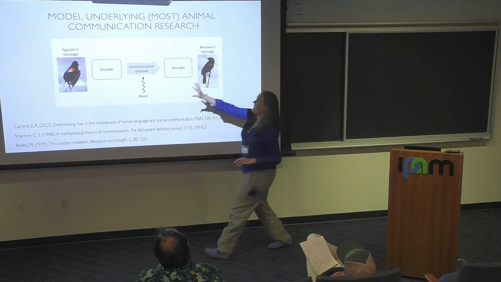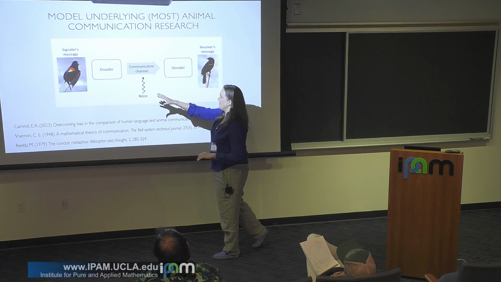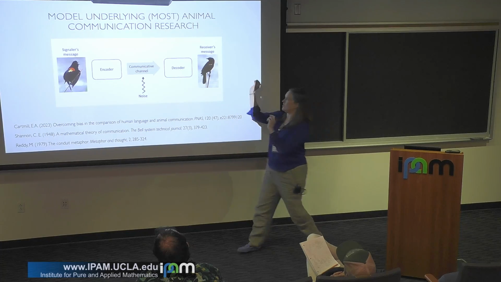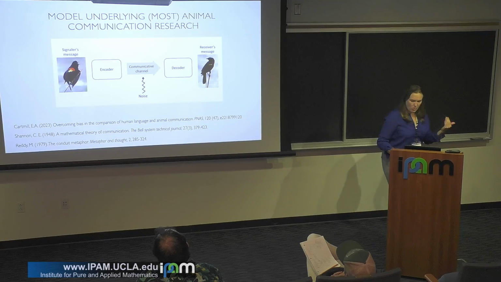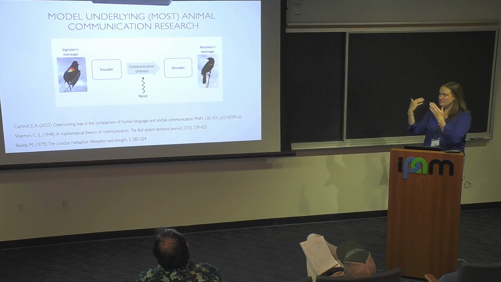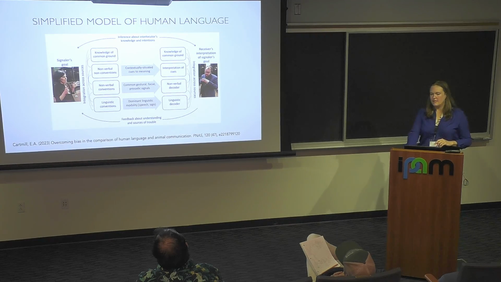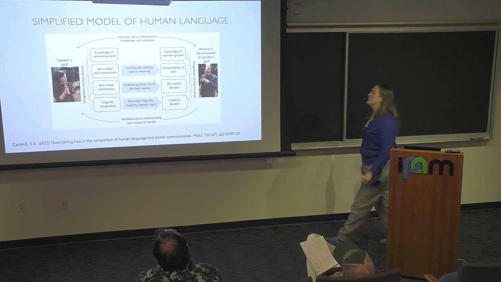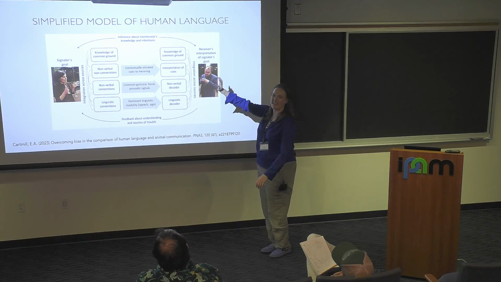It's this one-way process. It lacks any sort of channels or signals or information for making inferences about intent or goal. It lacks an opportunity for real-time modification. And compare this very simple model to something which is just my attempt to make a very simplified model of human language.